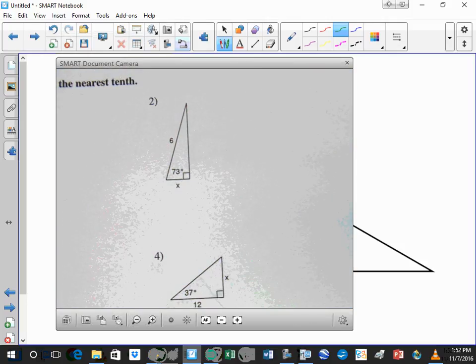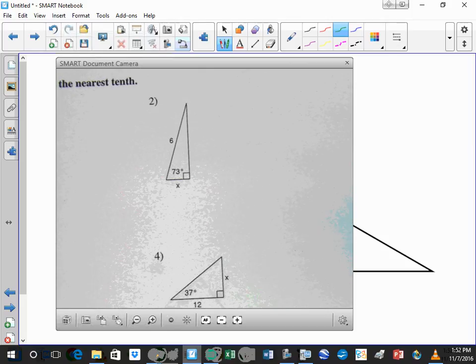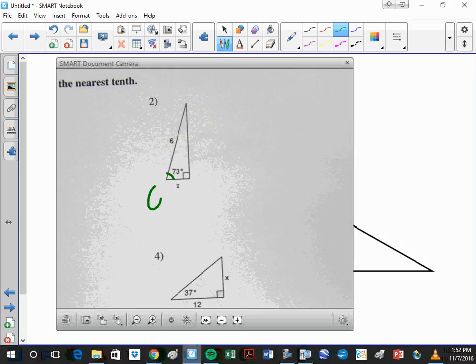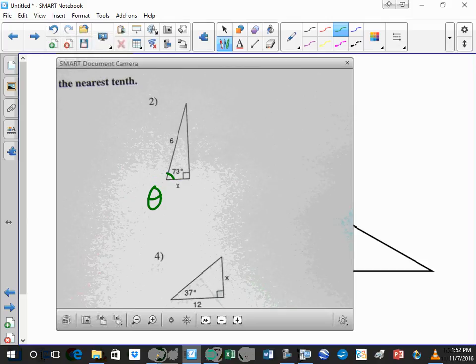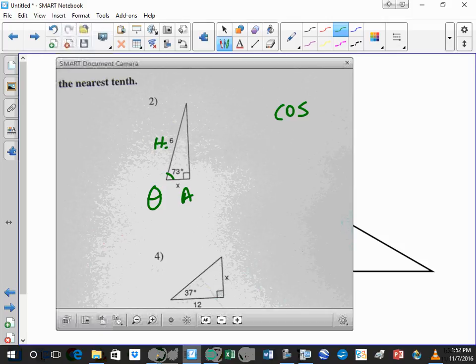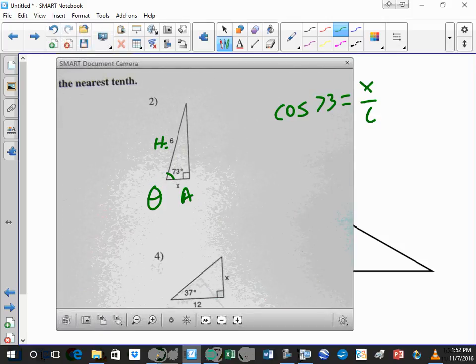Which trig ratio do we need to pick to solve number 2? This angle is theta, which is 73. Sine, cosine, or tangent? Cosine. X would be the adjacent, and 6 would be the hypotenuse, which yields the cosine of 73 is equal to x over 6.